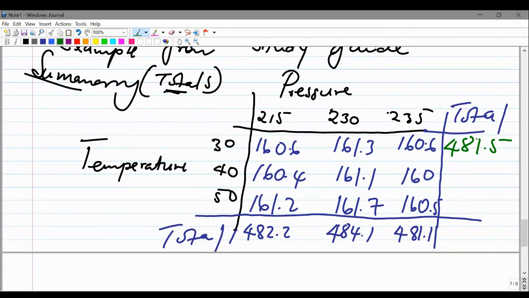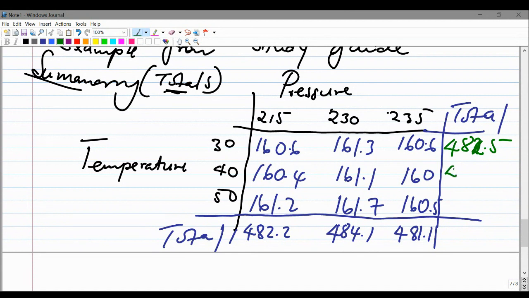I omitted the 161.3. Oh, he said 160.3. It's fine. Thank you, Mtetwa, for the 482.5. Thank you very much, Mtetwa, and the team. Let's go.